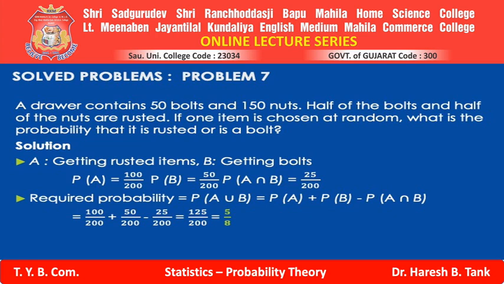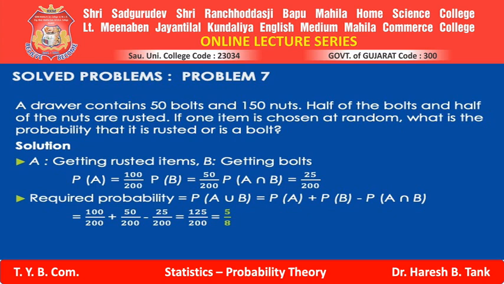So probability of A is getting a rusted item. Rusted items are 50% of 50 bolts, which becomes 25, and 50% of 150 nuts, that means 75. 75 plus 25 becomes 100. So this comes to 100 divided by the total number of elements, which is 200. So it comes to 100 upon 200.